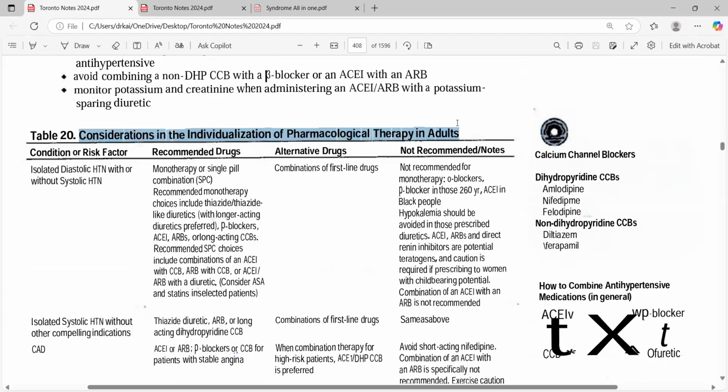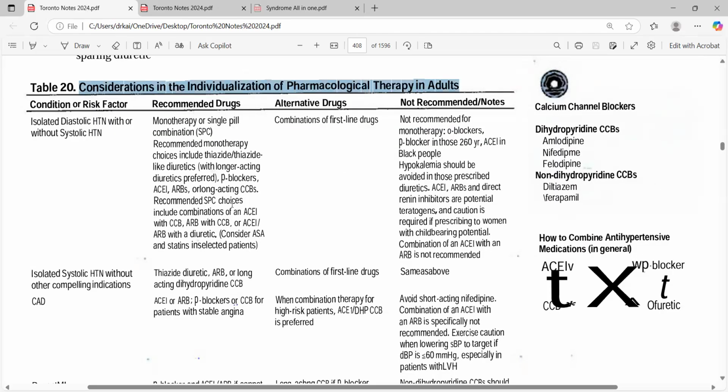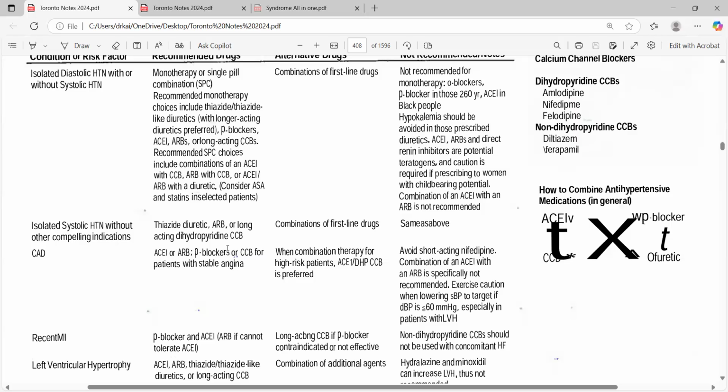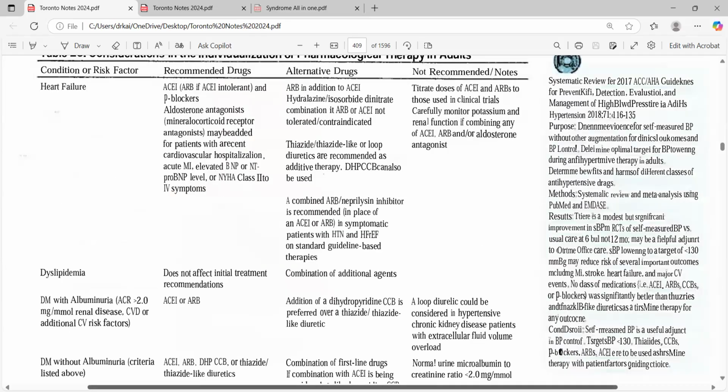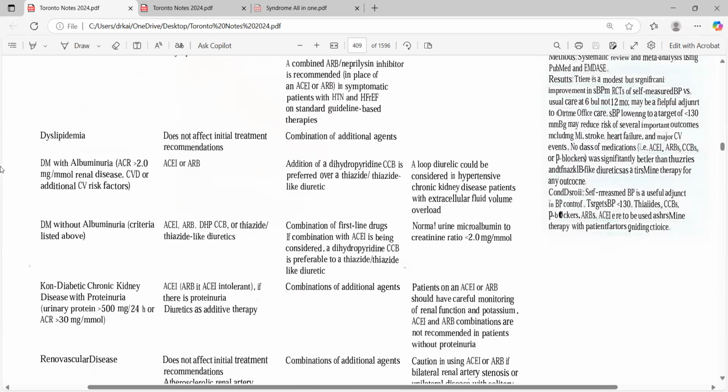At least one time, read it. Okay. There are so many nice things written in this table. It will help you to build your concept a lot easier. Okay. If you have time, please read it. Okay, this whole table for heart failure, for CAD, for dyslipidemia. It's important, at least read this one.